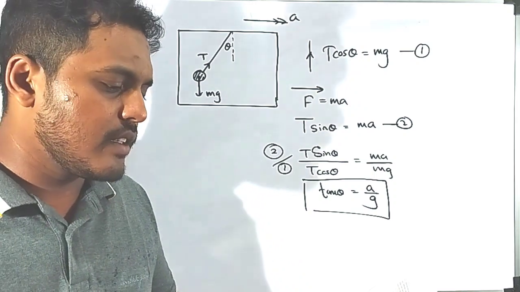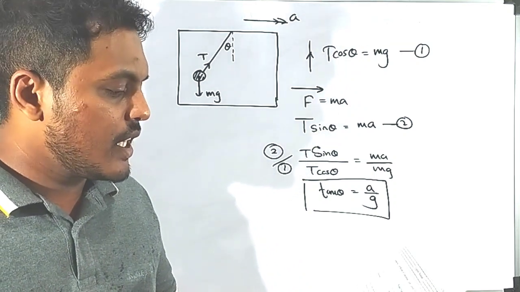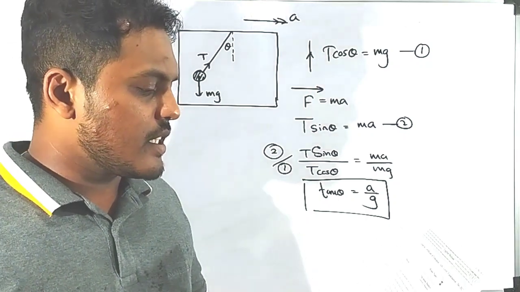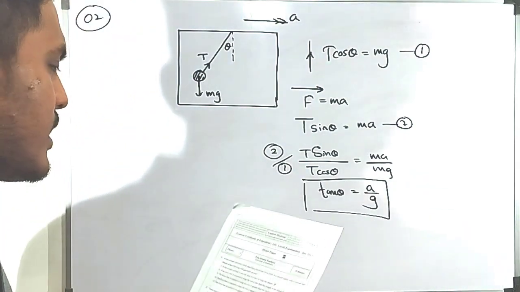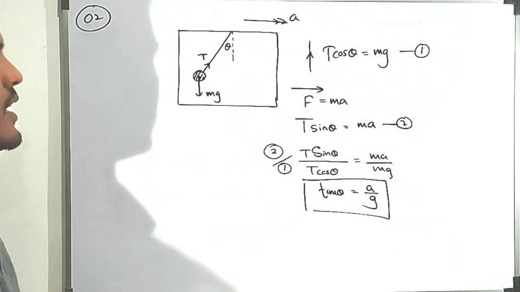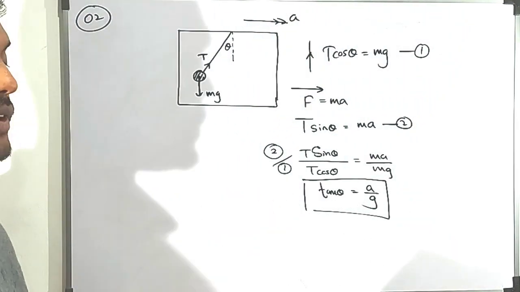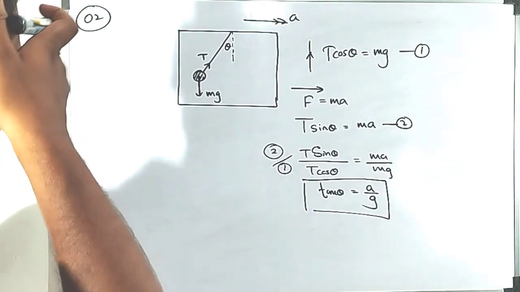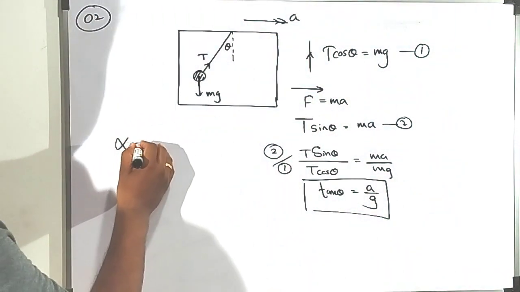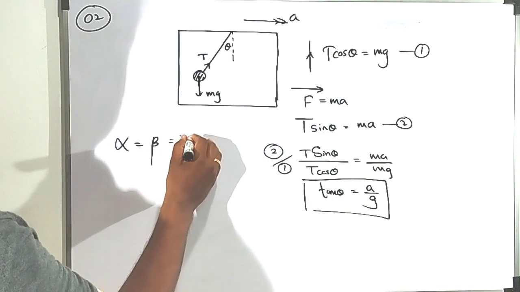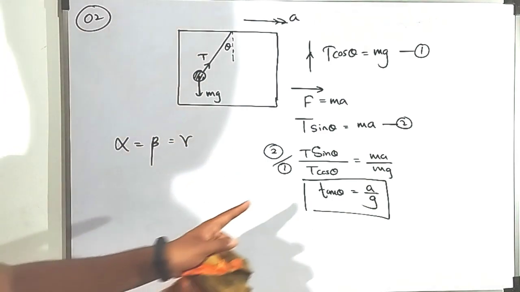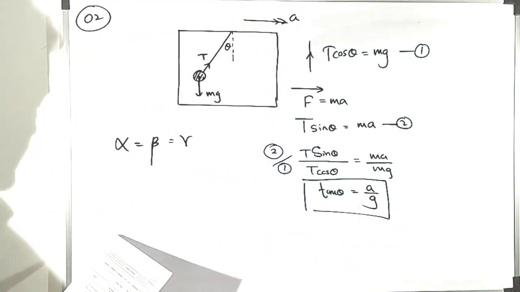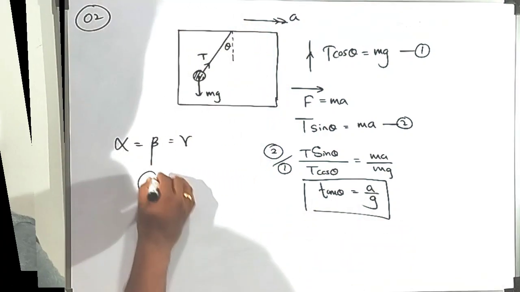If the masses are m1, m2, m3 and the system is moving under the same uniform acceleration, then the inclinations will be equal. The inclination of all the strings will be equal, so alpha equals beta equals gamma, because the angle doesn't depend on the masses. Then the answer is number 2.